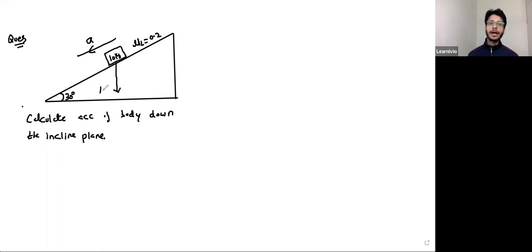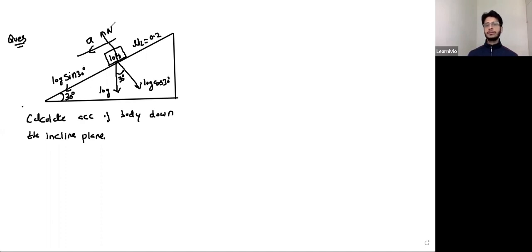This is 10 kg. So here is the weight acting, which is 10g. If this is 30 degree, then this is 30 degree. This is 10g cos 30, and this is 10g sin 30.